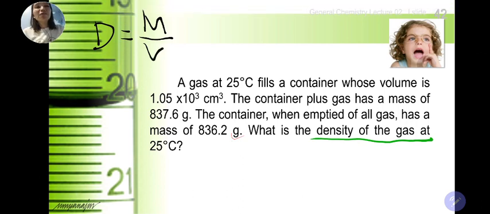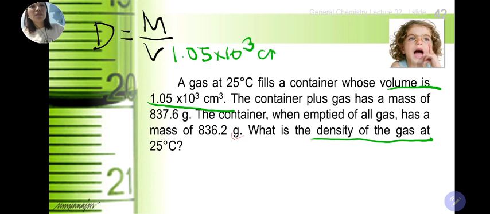We have the volume already. It's given. The volume is 1.05 times 10 to the third centimeter cube.